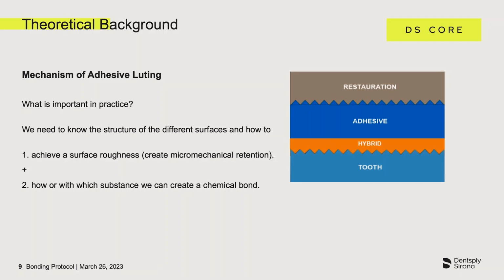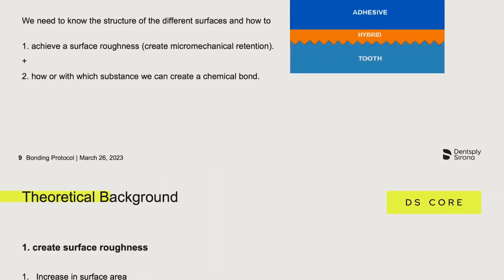We need to know exactly the surfaces of the different substrates, and number one, we need to know how we can achieve micro roughness in these surfaces, and number two, we need to know exactly how we can create a chemical bond. With which substance is that possible?